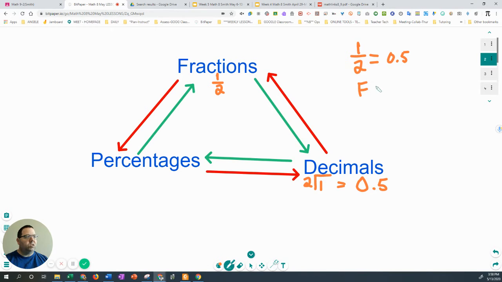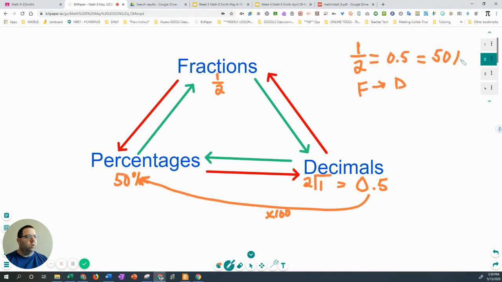So we have a fraction, and then we changed it to a decimal. And then over here, following this green arrow, we're supposed to be able to times it by 100 to convert it to a percentage, and we get 50%. So the fraction gives you the decimal, gives you the percent.